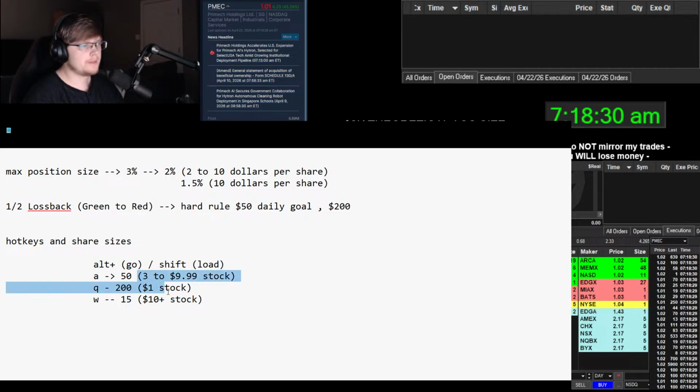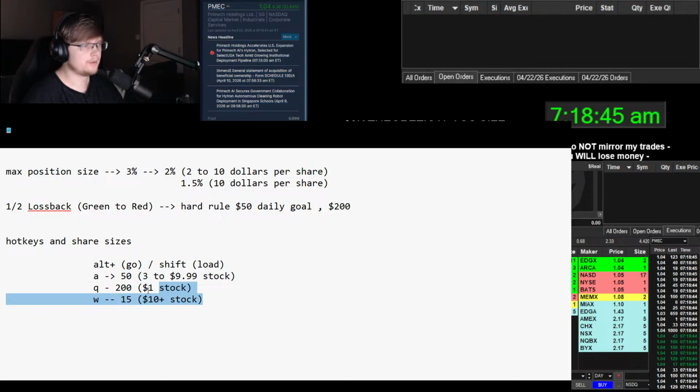Now the only thing that you're missing here is a $2 stock, which is a little bit awkward because I feel like the transition between 1 and 2 is kind of different from the transition between 2 and 3. Like there's still a transition there. 2s move a little bit faster than $1 stocks, but they don't move quite as fast as 3s.